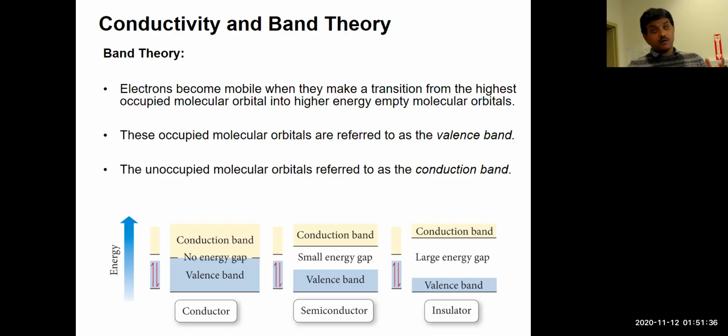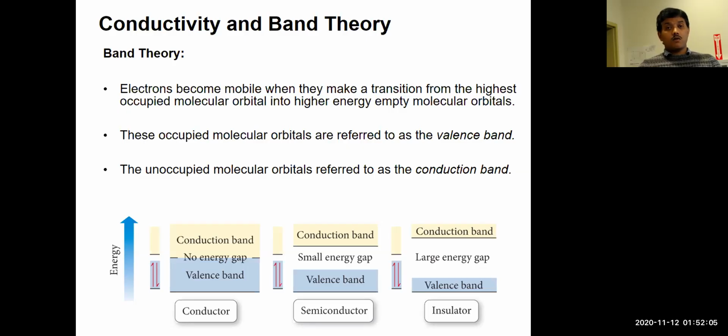Conductivity happens when electrons from the highest occupied molecular orbital jump to, or travel to, the lowest unoccupied molecular orbital.